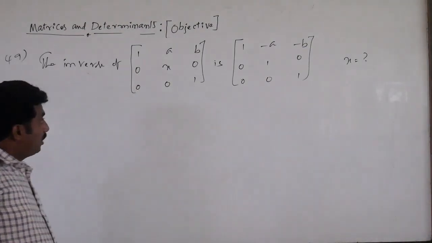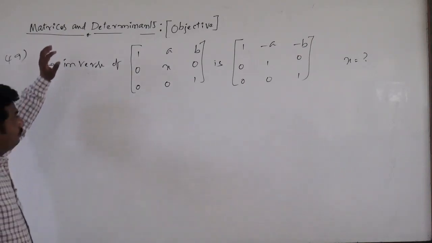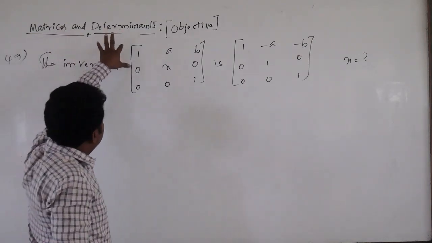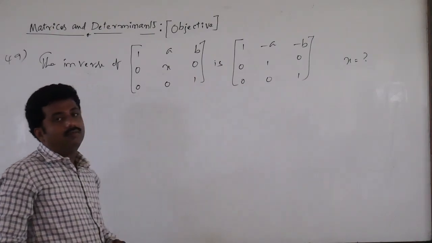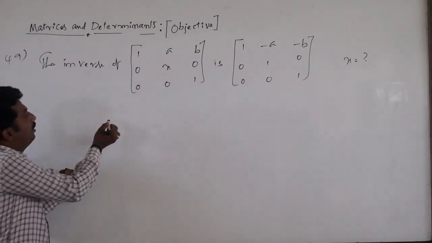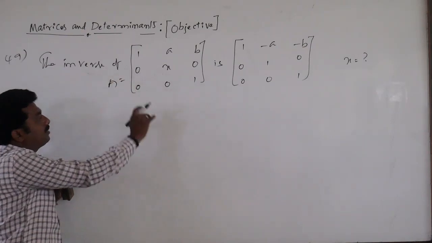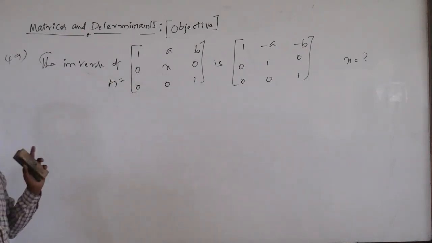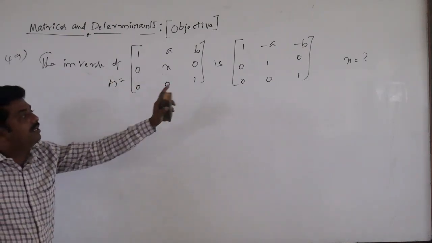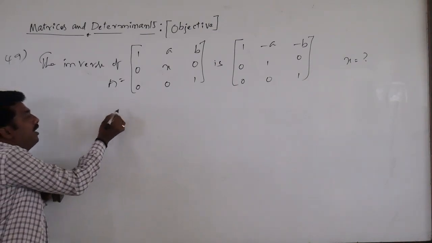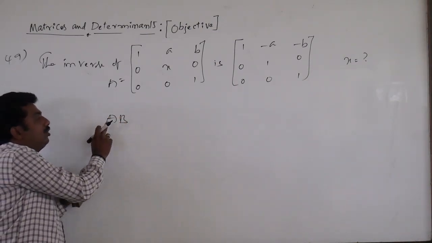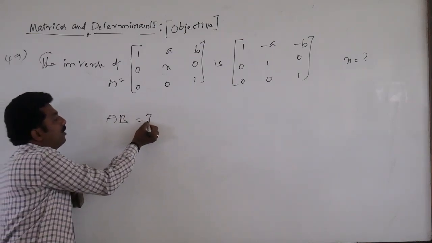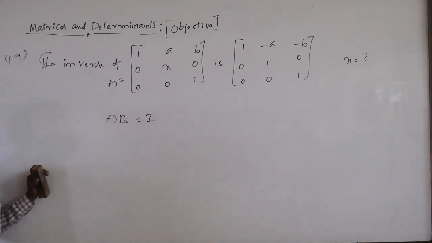See here, the question they are asking: the inverse of this matrix is this one, then what is the matrix? Suppose this is the matrix A and its inverse exists, so the inverse is that one. Suppose A and B are square matrices and the inverse exists; if you multiply these two matrices, the identity matrix will come.